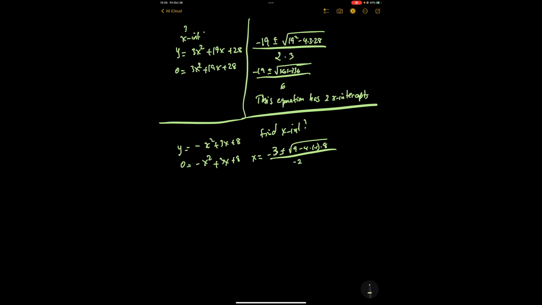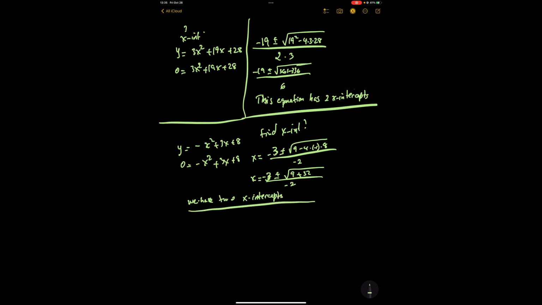Well, I'm going to say this already has two answers. Why? Because we have 9, and negative 4 times negative 1 is going to be positive 4, times 8 is 32, so it's plus 32. It's already positive, over negative 2. So therefore, we have 2 x-intercepts.